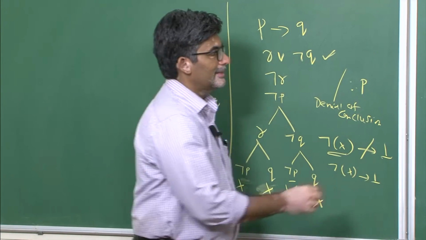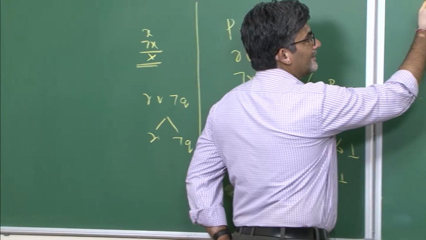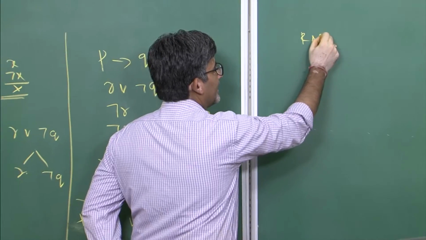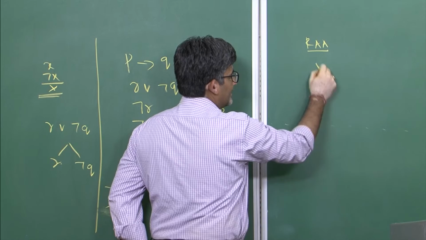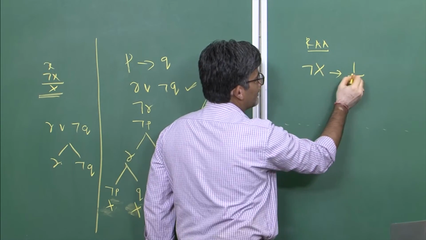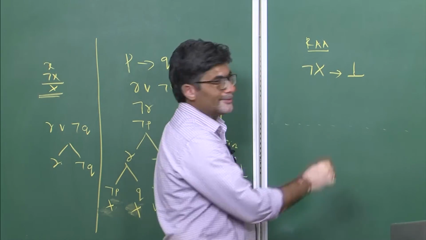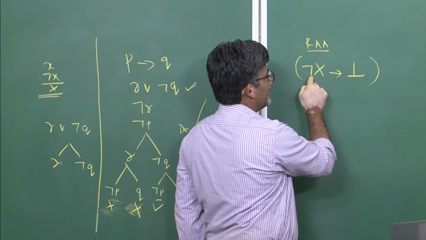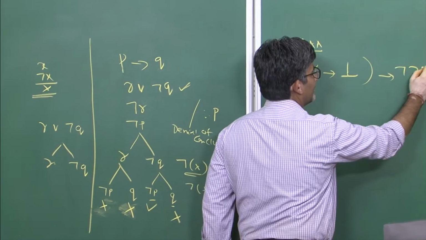There is a principle in logic called reductio ad absurdum, which is like this: if not X leads to some kind of contradiction, then it should not be not X, but it should be not of X.